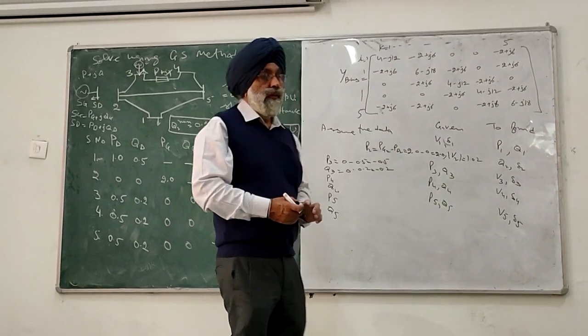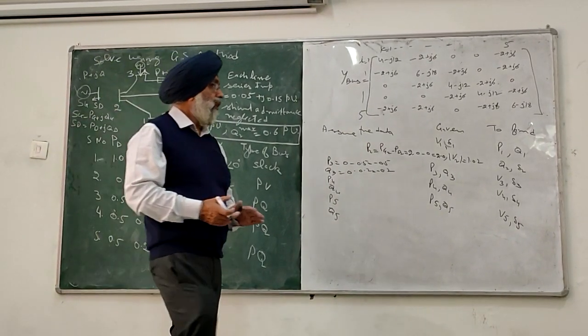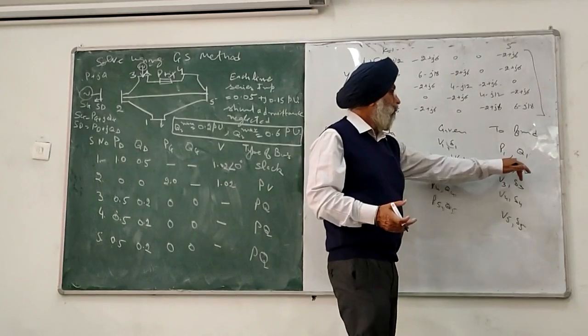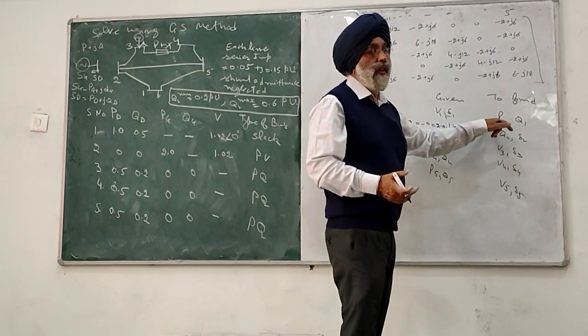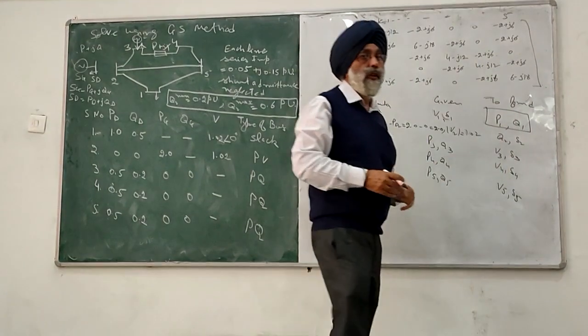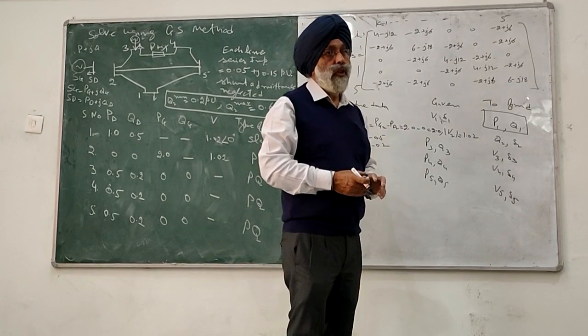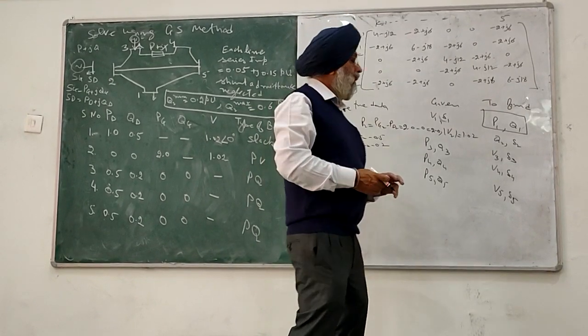In the Gauss-Seidel method, we are using the voltage equation. In the voltage equation, we are unable to find P1 and Q1, so initially we are not finding P1 and Q1. We will start from bus number 2.